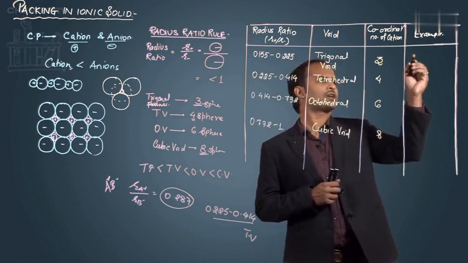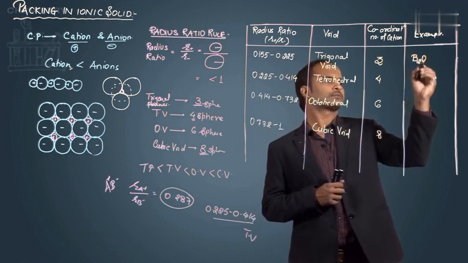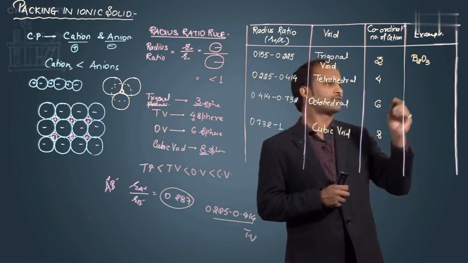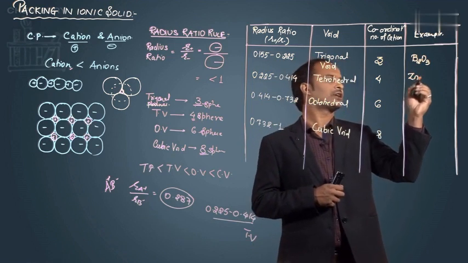For the first one, we have B2O3. For tetrahedral, whose coordination number is 4, we have zinc sulfide.